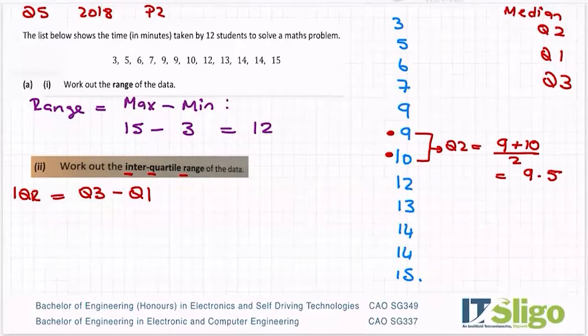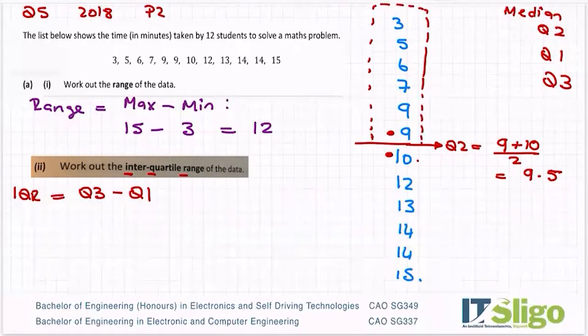Okay, so what you end up finding is your Q2 is right in that center. Can you see that? It's 9.5. So that's my Q2. Now the easiest way then to find your first quarter is to only look at the lower half of the data.